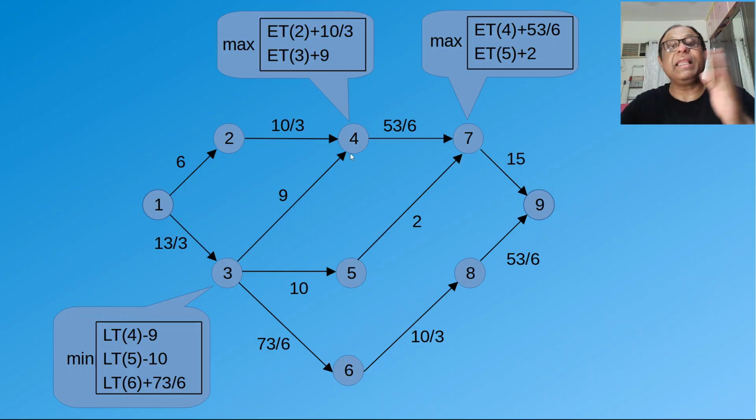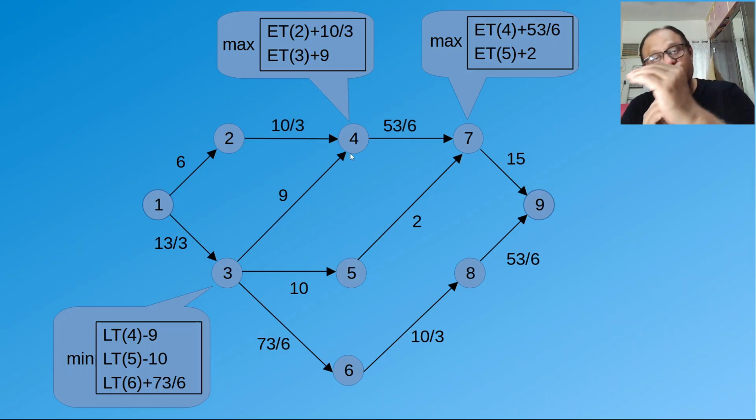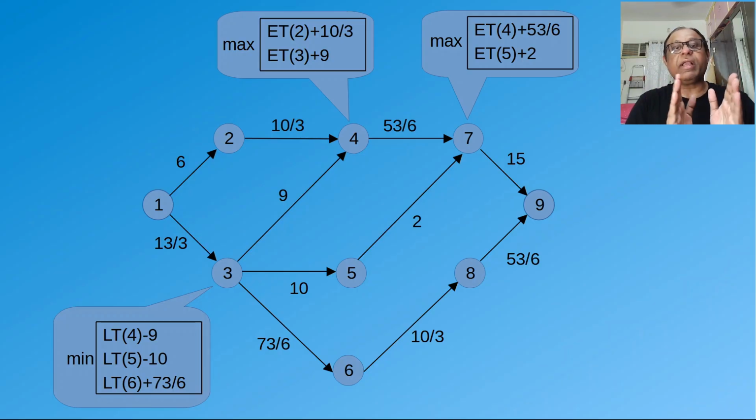So we are giving enough time from 3 to 4 so that task 2.4 is also completed and task 3.4 is also completed. When we come from 2 to 4 and 3 to 4, we will always see which takes the highest amount of time to reach. That is going to be the time from which, earliest, we can start from 4 to 7. A similar explanation goes for node 7 too.